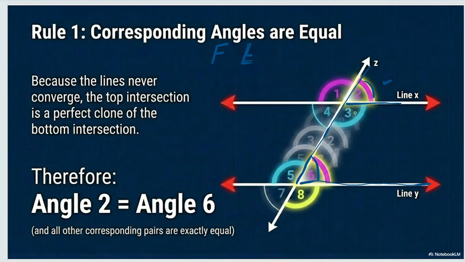Another pair is angle 3 and angle 8, which are also corresponding. So this is the F also. Angle 3 and angle 8 are corresponding. In the case of the other side, we will see this, this.